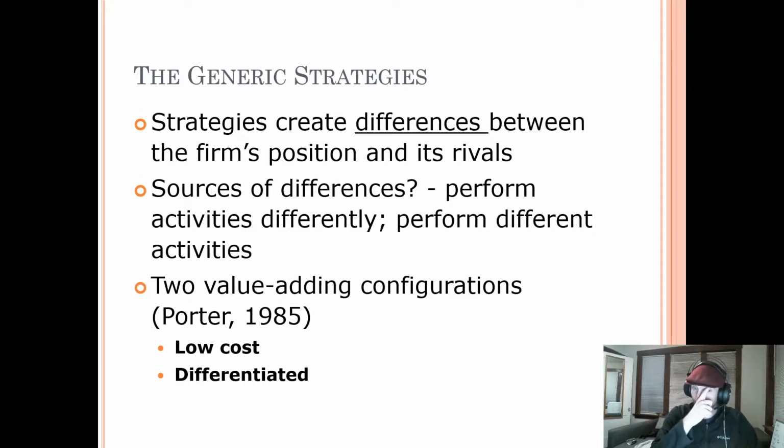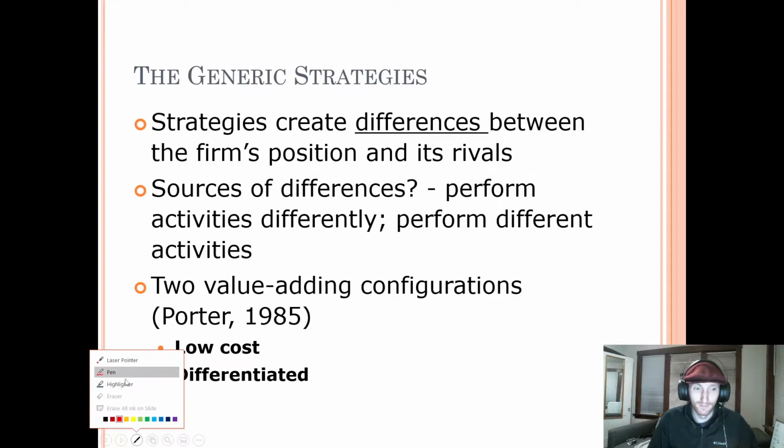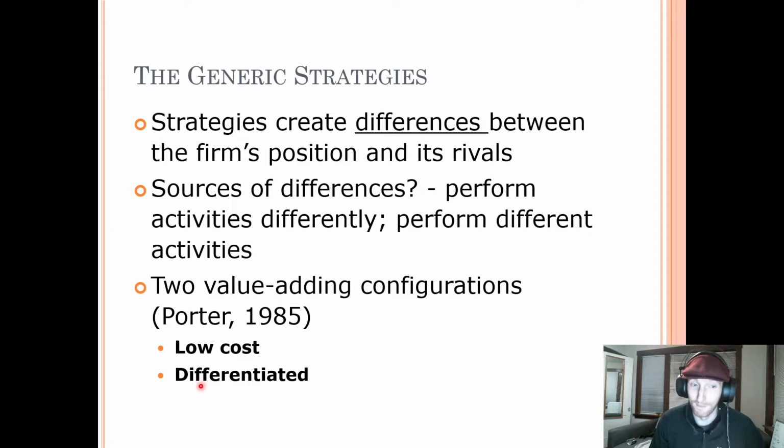They can either perform the same actions that everybody else is doing, but do them differently, or they can perform different activities, okay? So usually here when we say perform activities differently, what we're saying is, okay, we're going to do maybe the same stuff as you, but we're going to do it at a lower cost. All right? Or we're going to perform different activities and we're going to use them to differentiate ourselves from you.